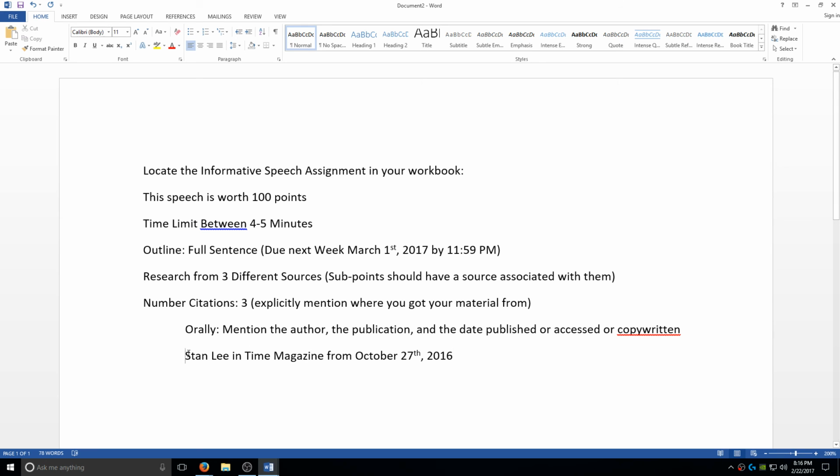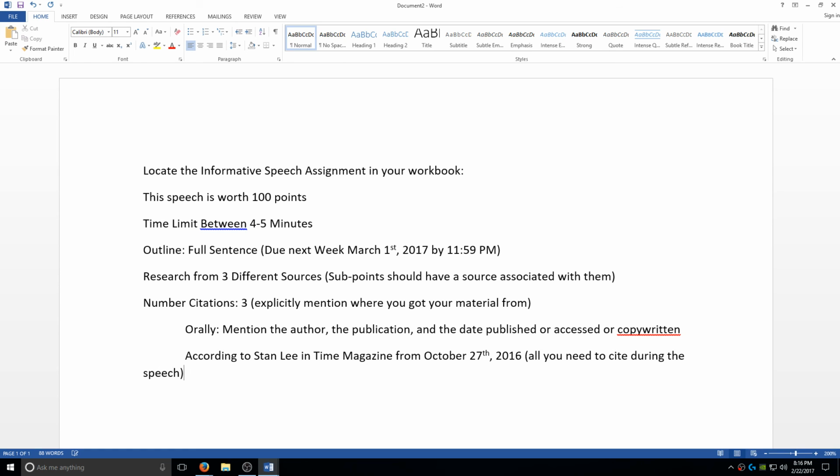And I would write that again as kind of a full sentence, probably to jog my memory. Stan Lee and Time magazine, and that would be all I need for the speech. This is all you need to cite during the speech.